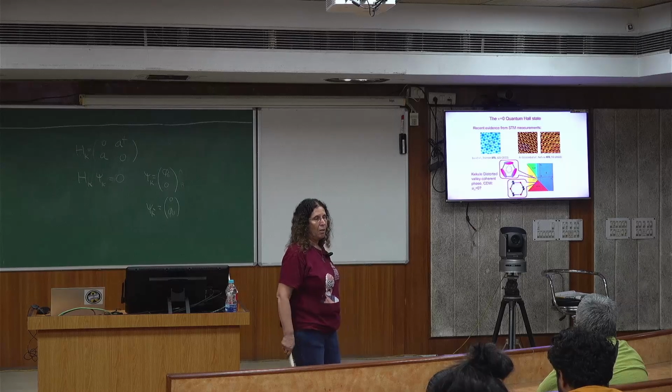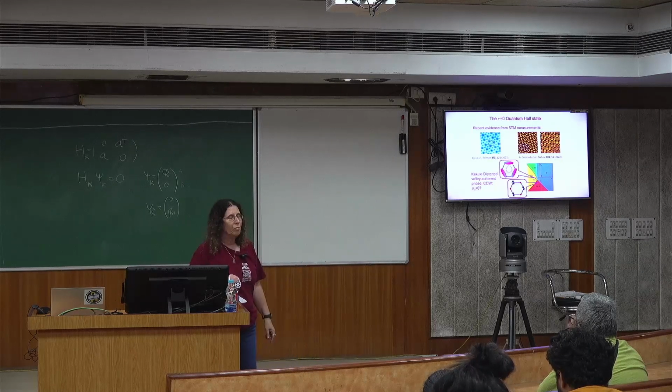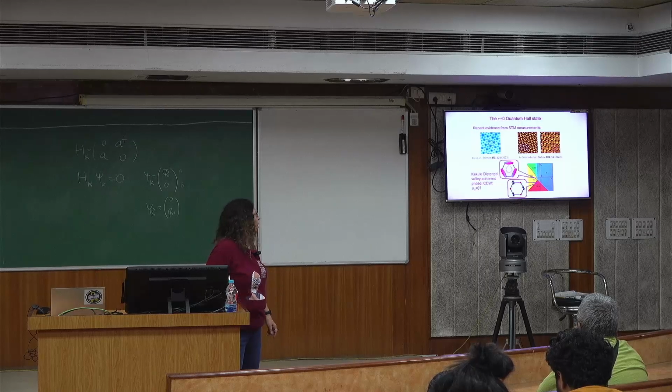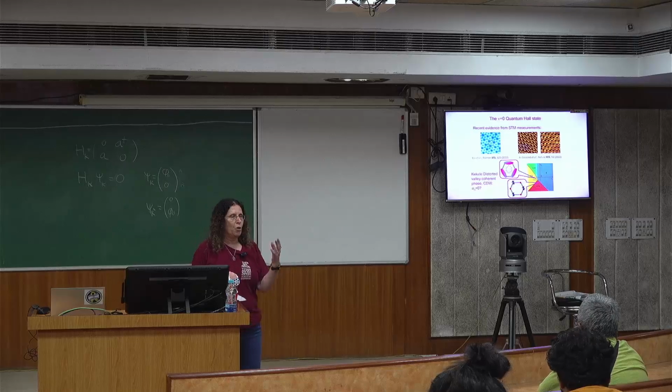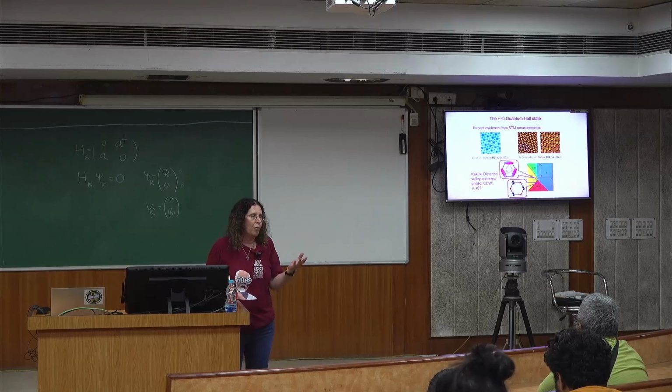What is the size, the length of these diamonds? This is the lattice size, same as the graphene lattice. Yes. It's not a distortion of the lattice. It's a distortion of the electronic states on the lattice.